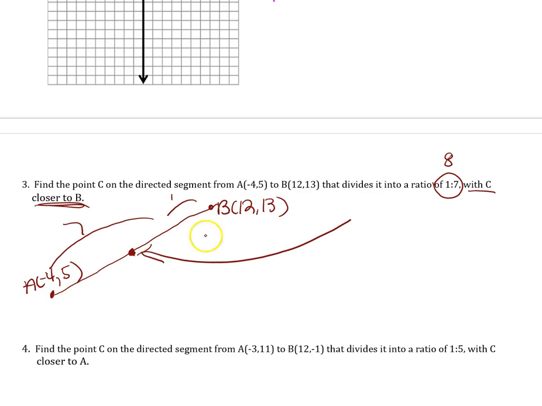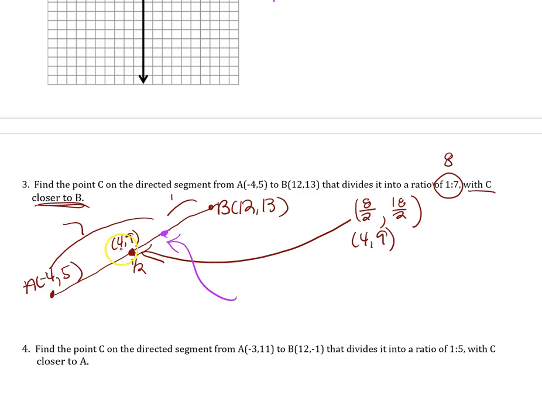So that's 12 plus negative 4, so that is 8 divided by 2, and then 13 plus 5, so that's 18 divided by 2. So that gives me 4, 9. So I'm going to label that. Okay, so this is like my halfway mark. Okay, and find the next halfway mark.